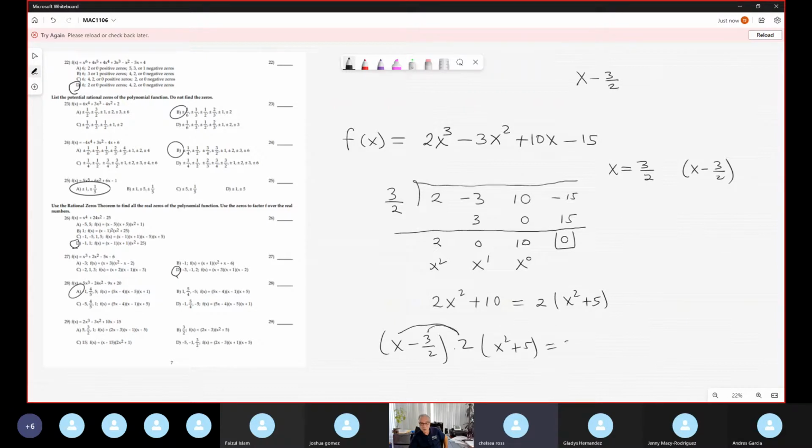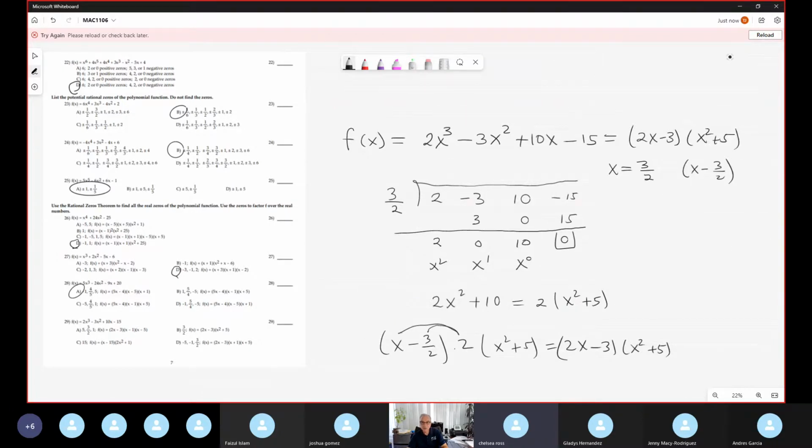So actually, it's 2x minus 3. Either way, guys, but this is the elegant way. x squared plus 5. So the factorization of this polynomial is 2x minus 3 times x squared plus 5.